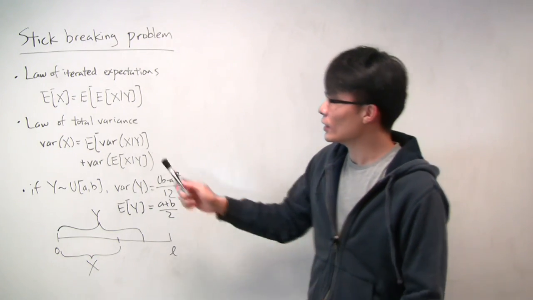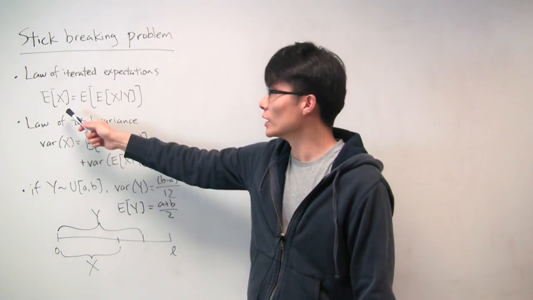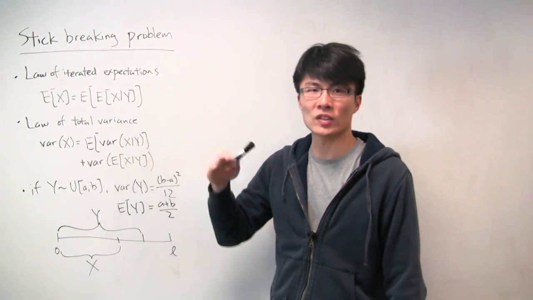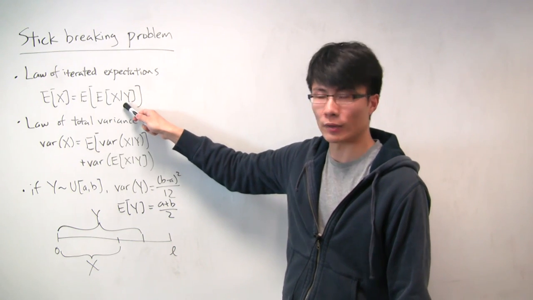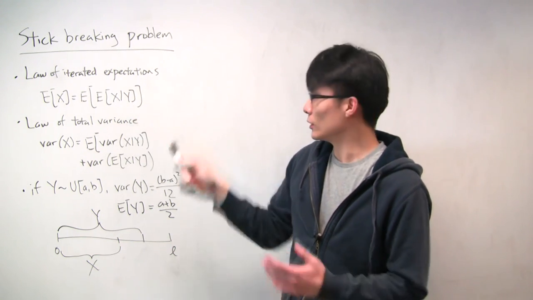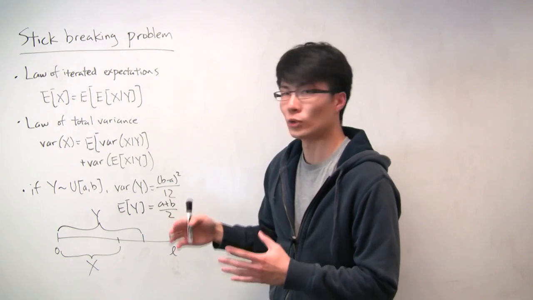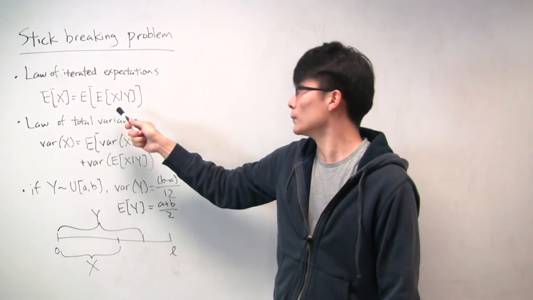Really, what it's saying is, in order to calculate the expectation or the variance of some variable x, if that's difficult to do, we'll instead attack this problem in stages. The first stage is we'll condition on some related random variable y, with the hope that by conditioning on this and reducing into this conditional universe, the expectation of x will be easier to calculate.